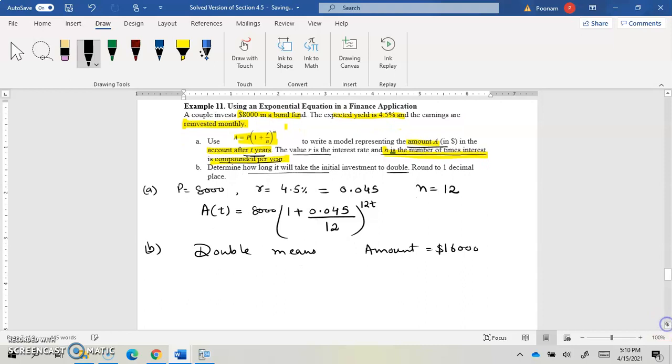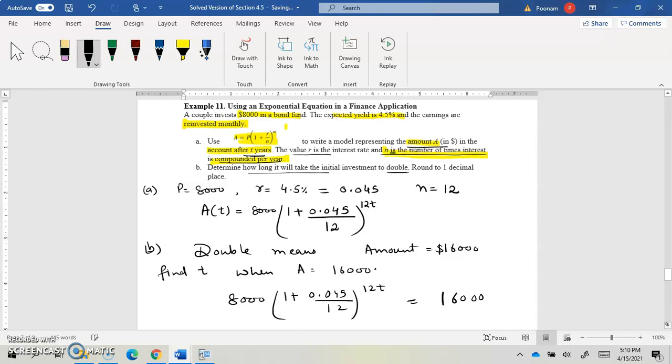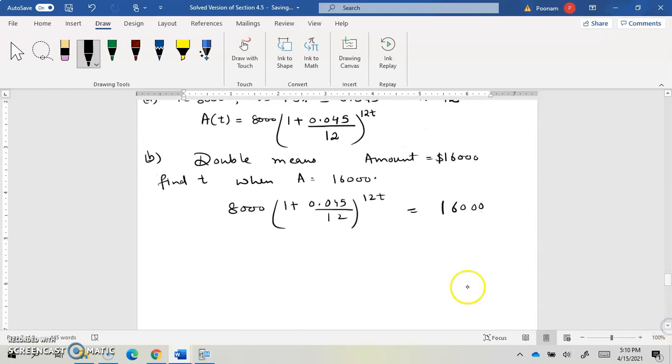So we want to find the time when the amount is 16,000. We already have the function. We can say 8,000 times 1 plus 0.045 divided by 12, raised to power 12t, is equal to 16,000. We need to solve it for t.